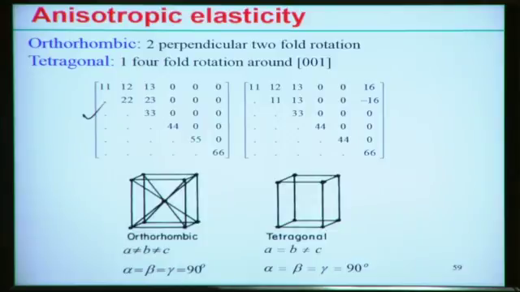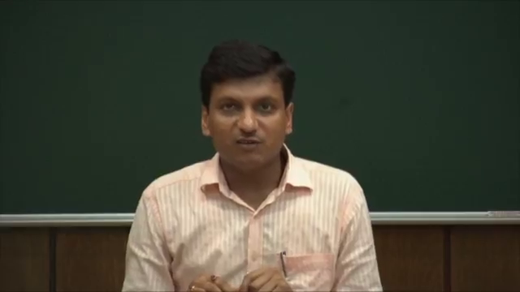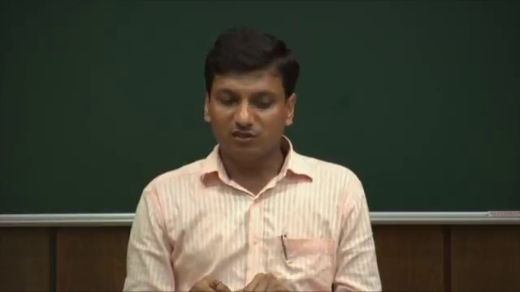Here the constant terms are 11, 12, 13, 22, 33, 44, 55, 66. So there are 6 diagonal elements, either compliances or stiffness constant terms, and there are another 3: 12, 13 and 23. So in total 9 different constant terms are used to represent the compliances or stiffness matrix in case of the orthorhombic crystal system.